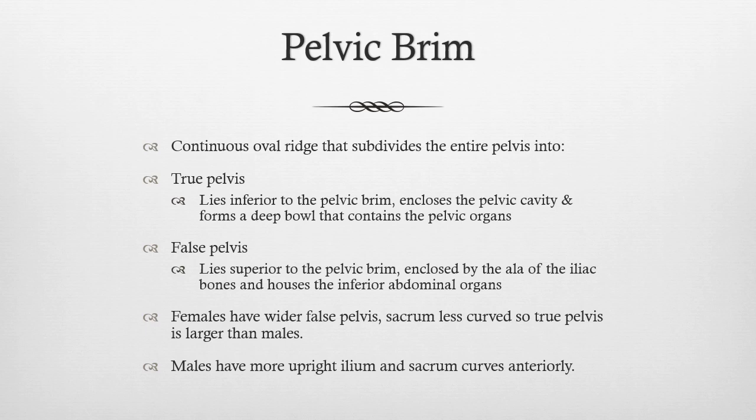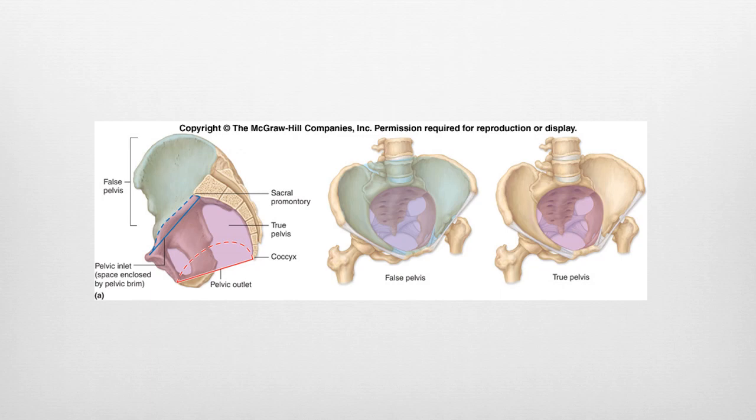The pelvis of a male versus a female are slightly different, and that's going to change the structure between a male and a female as well. Here we can see the false pelvis is that area that is right at the very top and follows the top border of the pelvis, versus the true pelvis is down below and actually inside the pelvis itself.